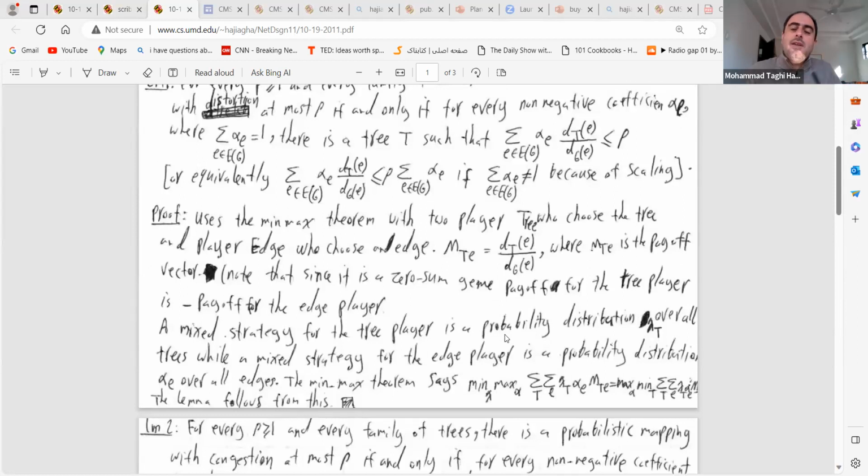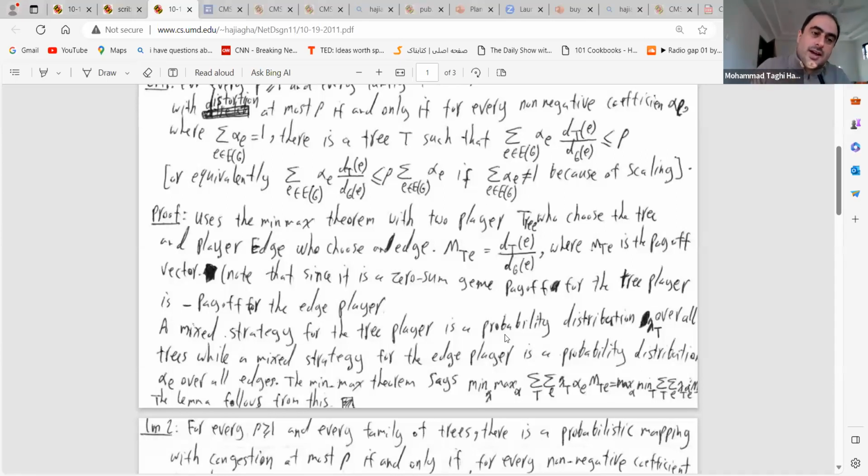Good. And one important thing: this is essentially a min-max theorem. This min-max theorem is the one that has been used here. In the proof of each of these equivalence theorems, where we have a distortion rho, and we ask what the equivalent statement is, he uses the min-max theorem.